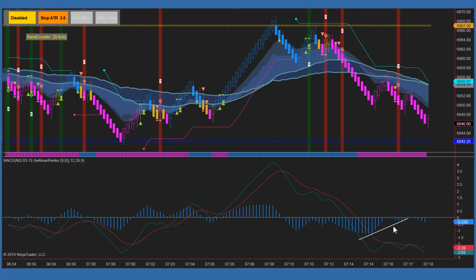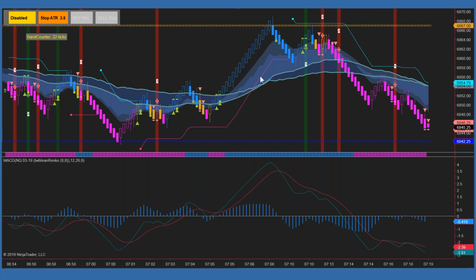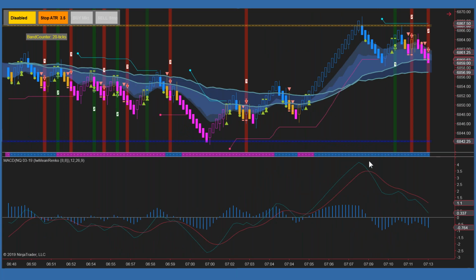If you're struggling with trying to stay out of the chop, if you're struggling with, gee, should I trust that number 2 signal, or how much confidence can I have in that number 3 signal? Maybe something like the MACD can help you out. Like I said, MACD is a very, very reliable indicator because it tells you what has happened in the past. But it can also be helpful to confirm what's going on in the future.